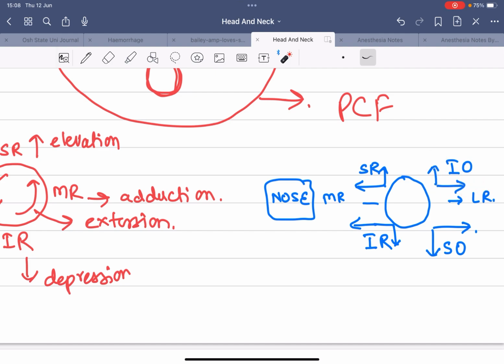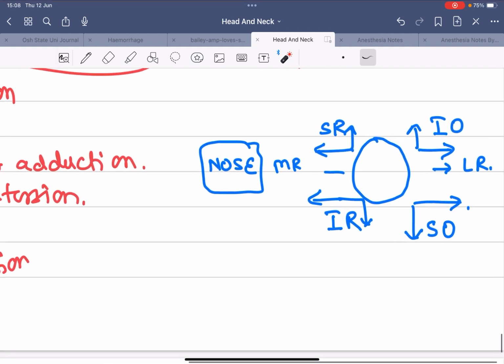One more action you can add here, intorsion and extorsion. So here I will write intorsion. If I write here intorsion, it means here it will be extorsion. Here I will reverse it: extorsion, opposite, intorsion.